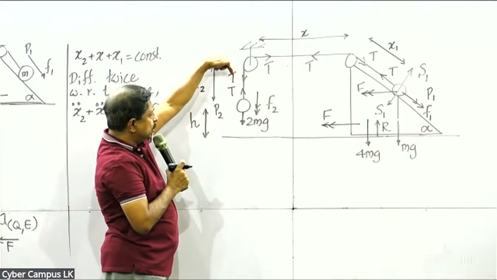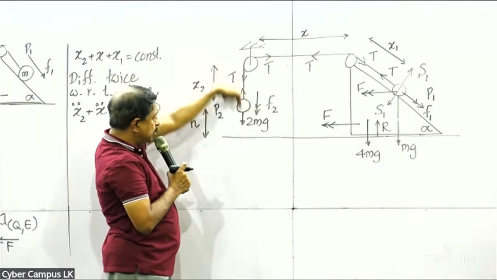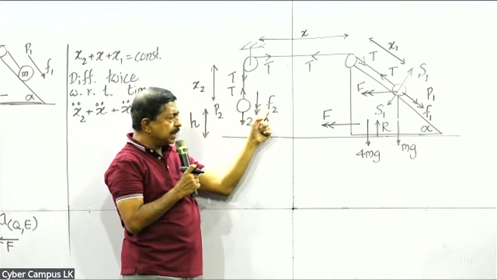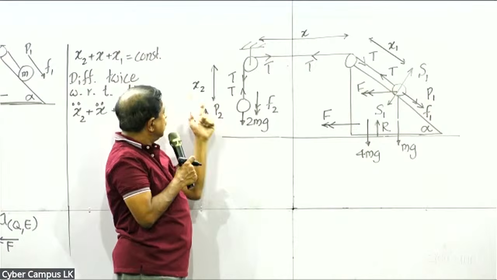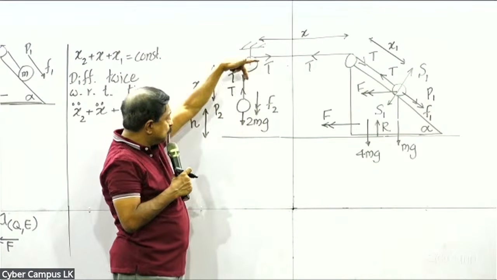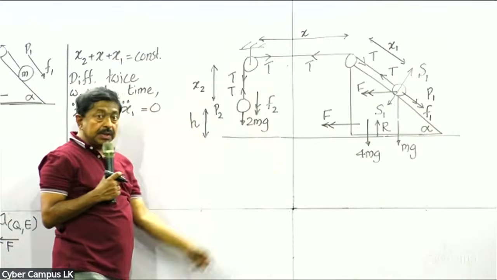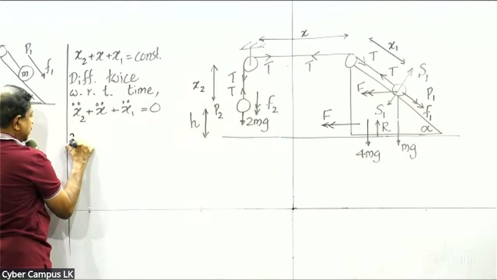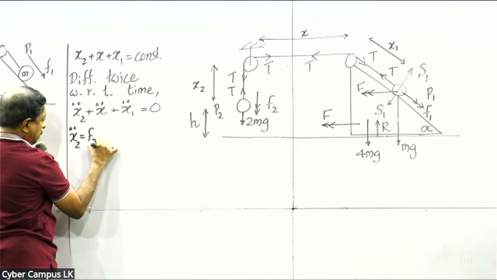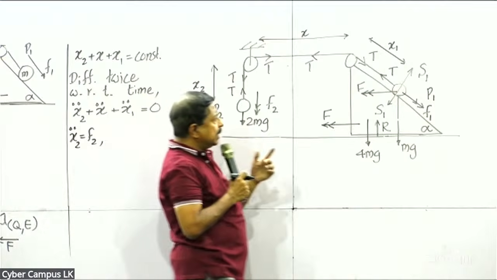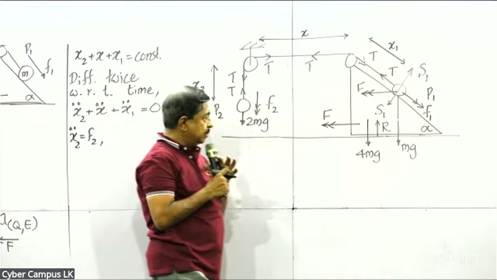Now we have to find the relationship between x2 and F2. With the positive direction of F2, as indicated, x2 is increasing. So it has a positive relationship. Now with the indicated direction of F1, x1 is increasing.